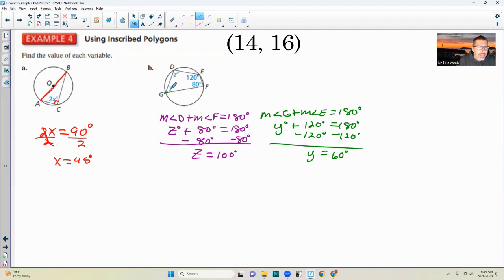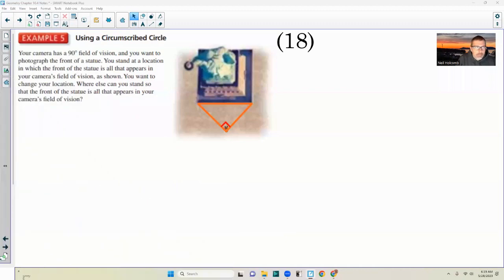So variable Z, which is angle D, is 100 degrees, and variable Y, which is angle G, is 60. Okay, so 120 plus 80 plus 60 plus 100 equals 360 degrees. Now try examples 14 and 16 in your exercises.